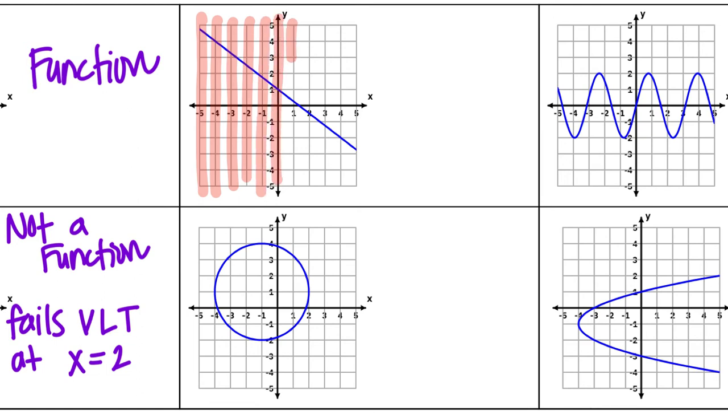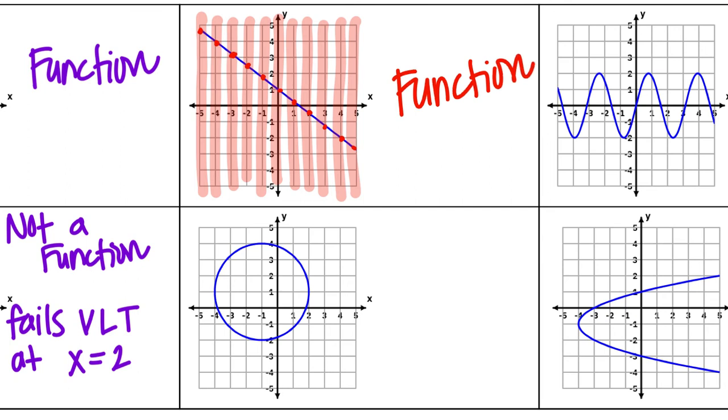And what you should notice is that every single time it's only passing through one point. So this is a function. That's a lot of highlighting. You don't have to do all those highlights, but this is just a way to check.